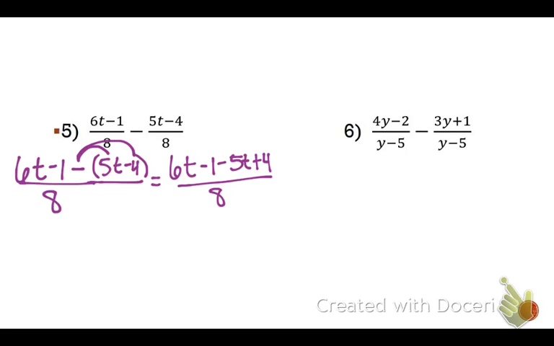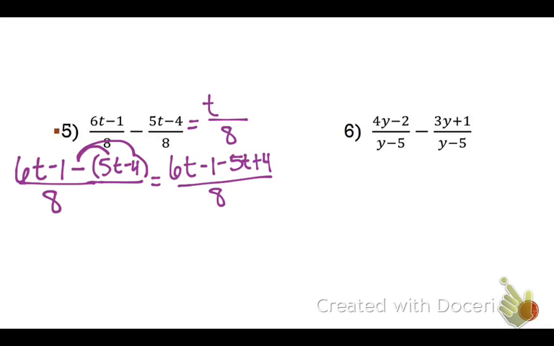Okay, then we go to combine like terms in the numerator. So the 6t gets combined with the negative 5t. That gives me 1t. Positive or negative? Positive, because the 6 is bigger and it is positive.